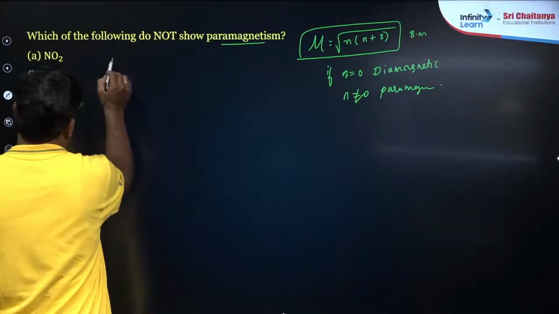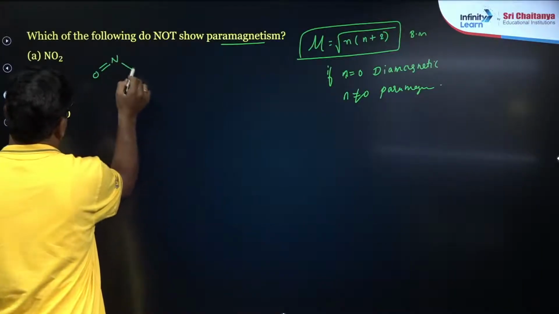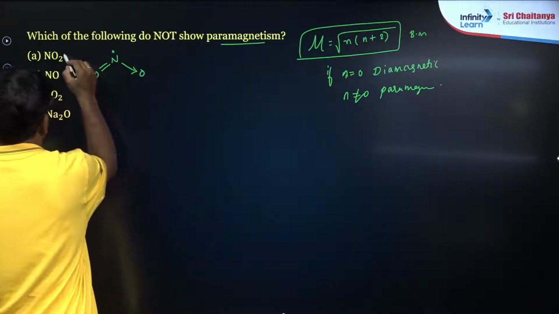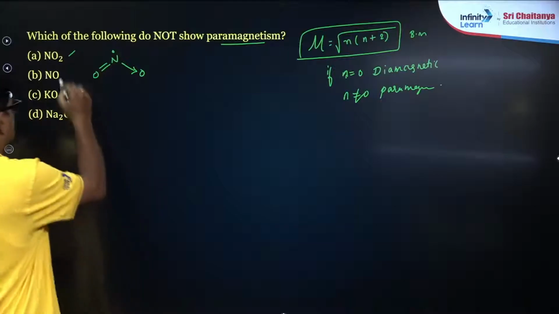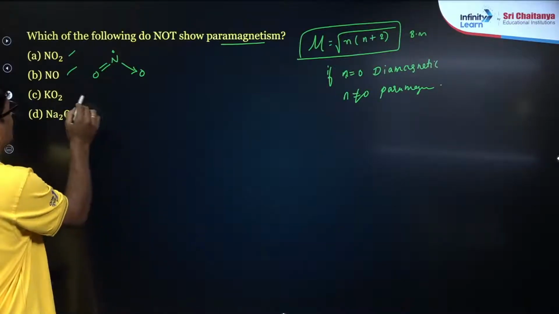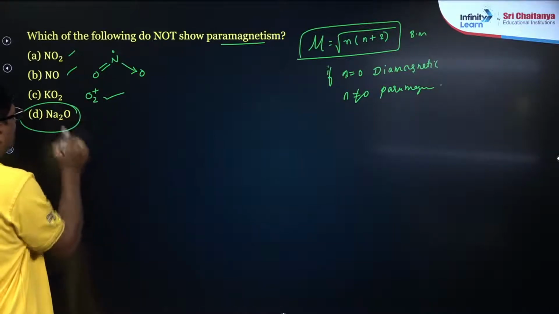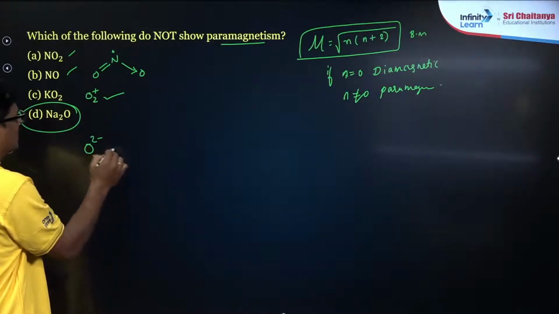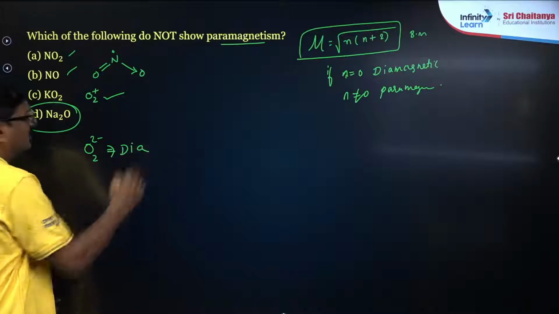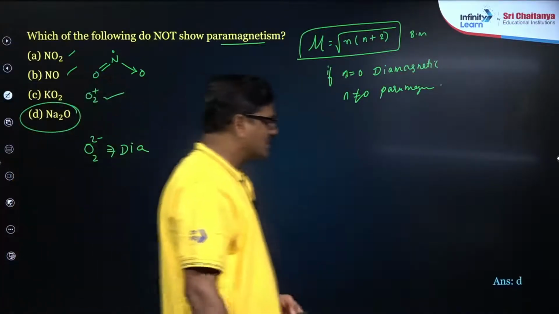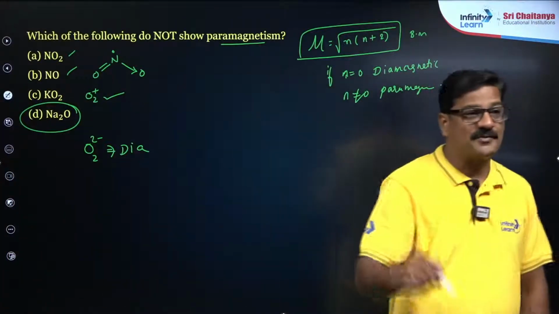So NO2 structure, you just see this is going to be odd electron species, it is paramagnetic. NO is also paramagnetic, KO2, so O2 plus is paramagnetic. And when you talk about O2 2 minus, it is going to be diamagnetic. So my answer is going to be option D.